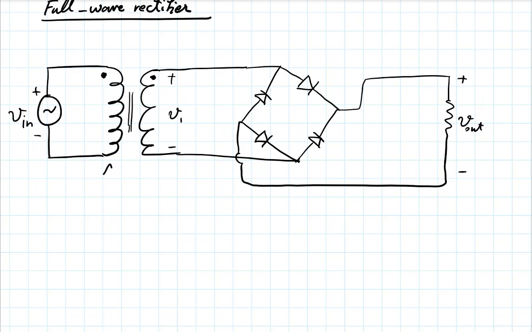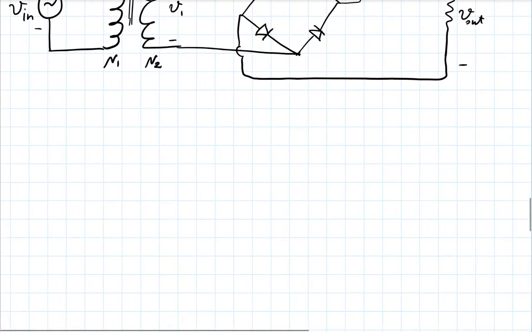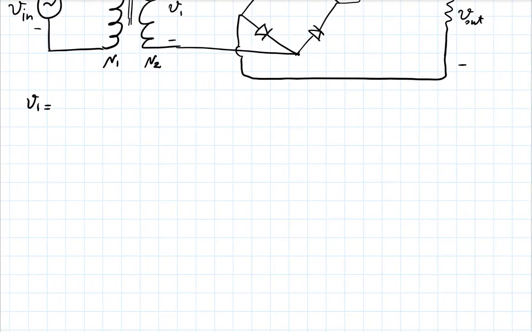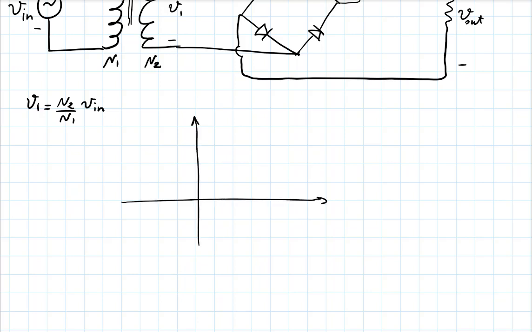So if the turns are N1 and N2, then V1 is simply that. So I don't really have to worry about that. That's a simple scaling. If this is my V1, the scaled version of V in, what will the output look like?